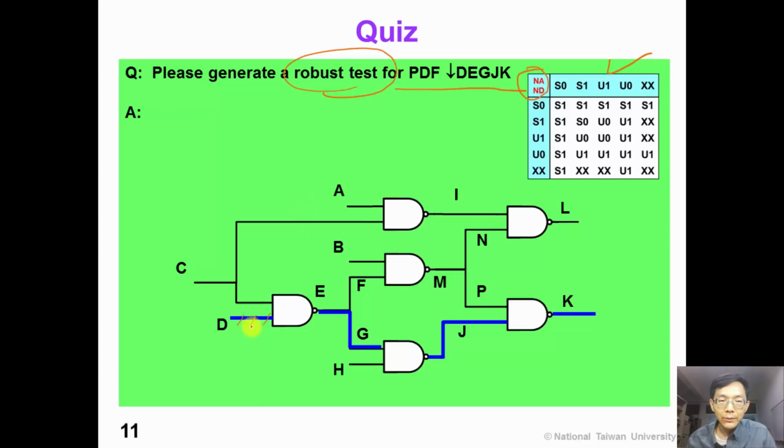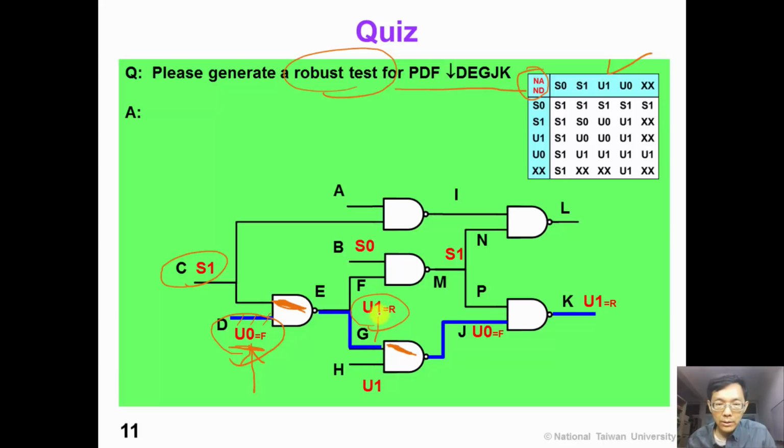Okay, have you finished yet? Here are the answers. As starting point, we assign D to be U0, which is a falling transition. If we want a robust sensitization through this NAND gate, since 0 is a controlling value for the NAND gate, the side input must be static 1. And then we want to sensitize through this NAND gate.